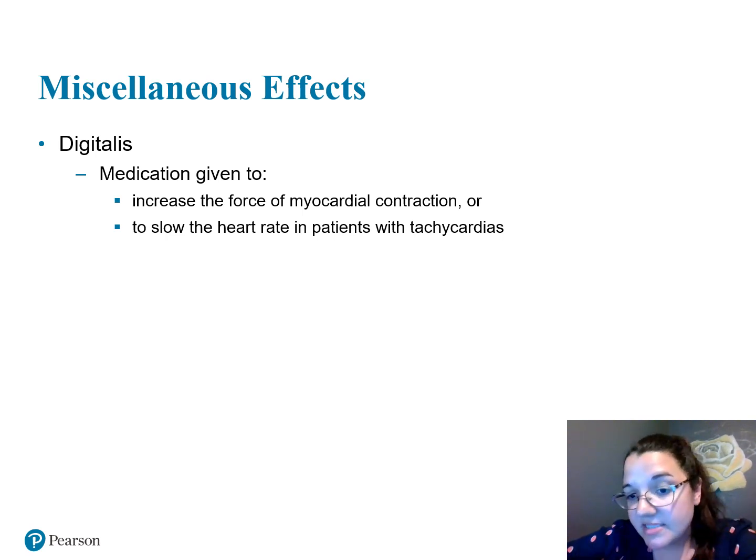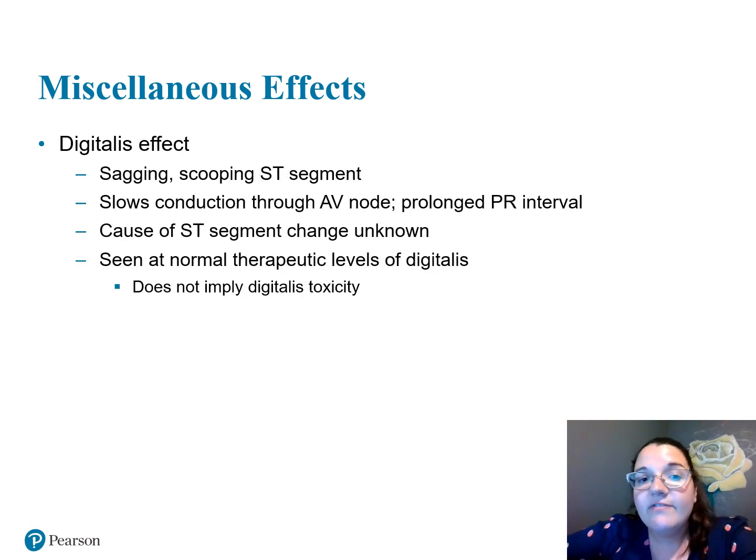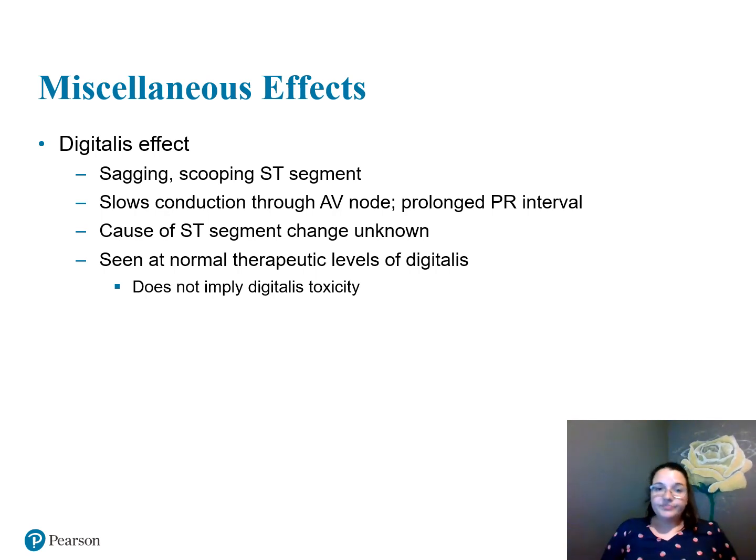So we've talked about digitalis a lot, and a few of y'all have asked, what is it? It is a medication. It's either going to increase your heart contraction or it's going to slow your heart rate in patients with a tachycardia. What effects does digitalis have?